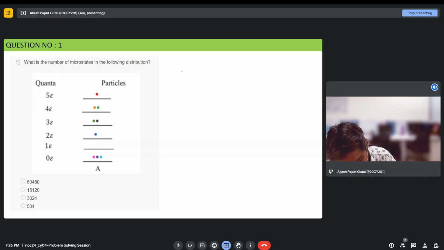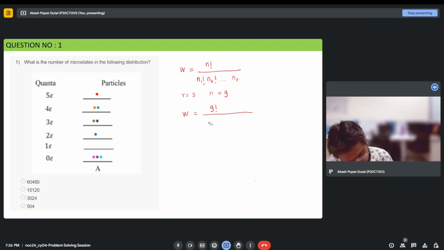So we know the formula is W is equal to n factorial divided by n1 factorial, n2 factorial, up to nr factorial. So here r is equal to 5 and n is equal to 1, 2, 3, 4, 5, 6, 7, 8, 9. N is equal to 9. Fine. So W is equal to 9 factorial divided by n1.